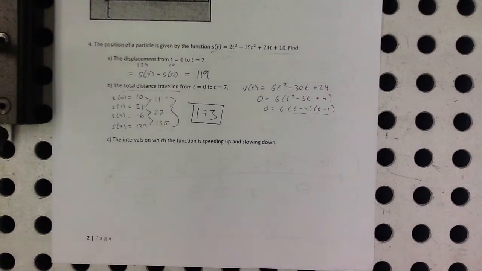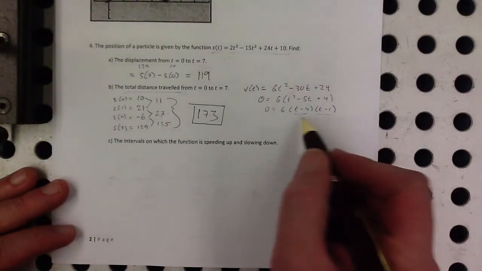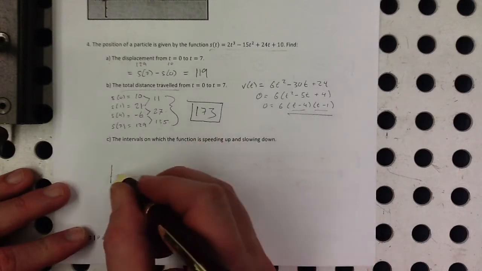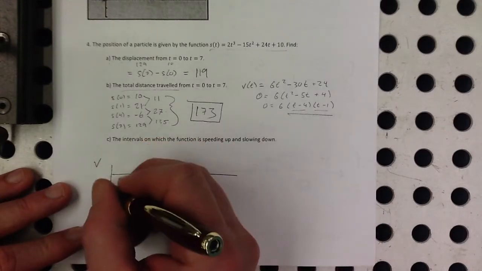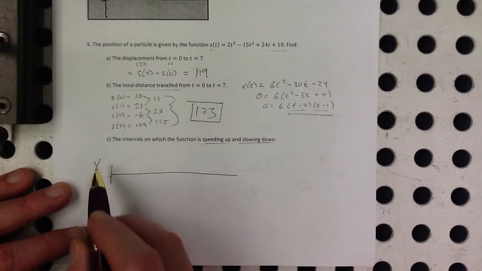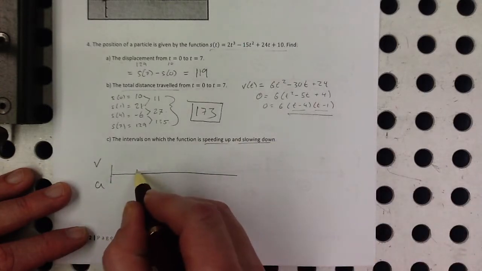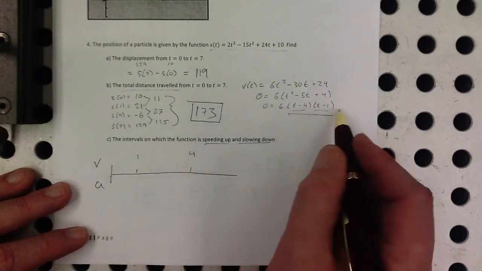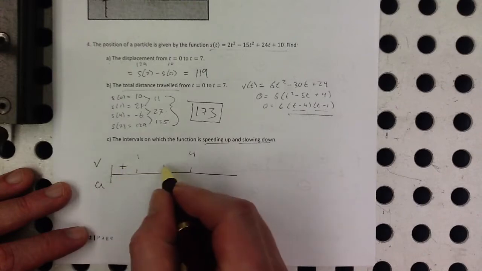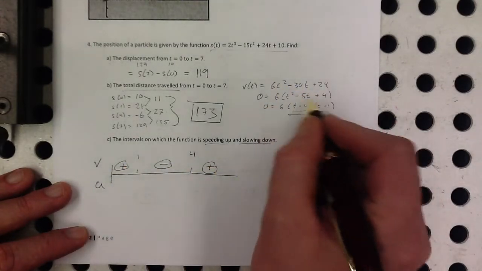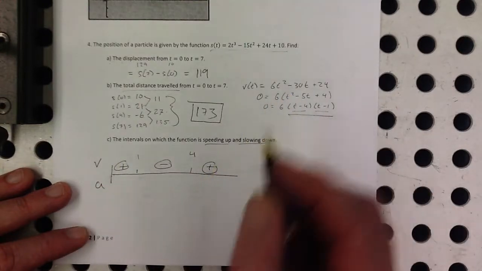Okay, intervals on which the function is speeding up and slowing down. I've already got my velocity. So speeding up, slowing down, that's where I have to compare velocity and acceleration. So I know velocity changes sign at 1 and 4, and it goes positive, negative, positive. You can check signs if you want there, but it's an upward opening parabola, so it'd be plus, minus, plus.